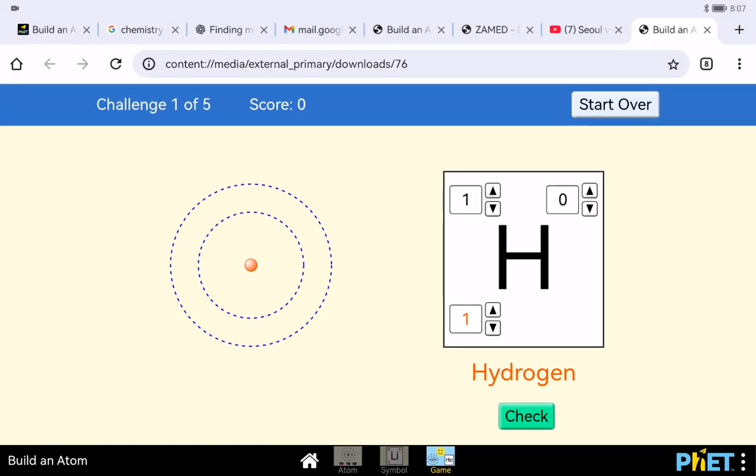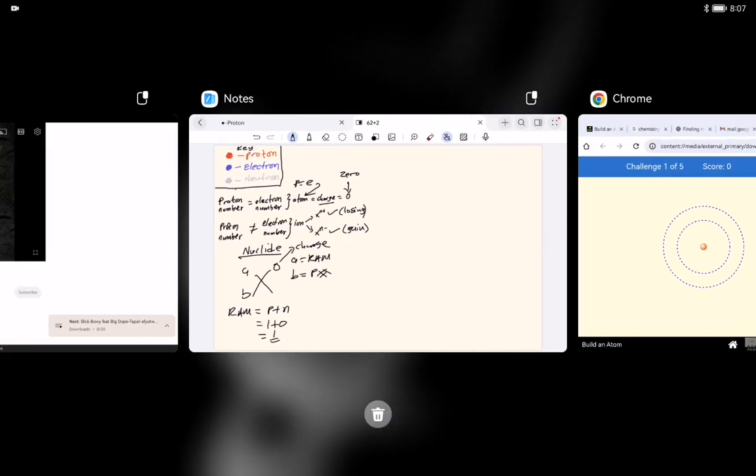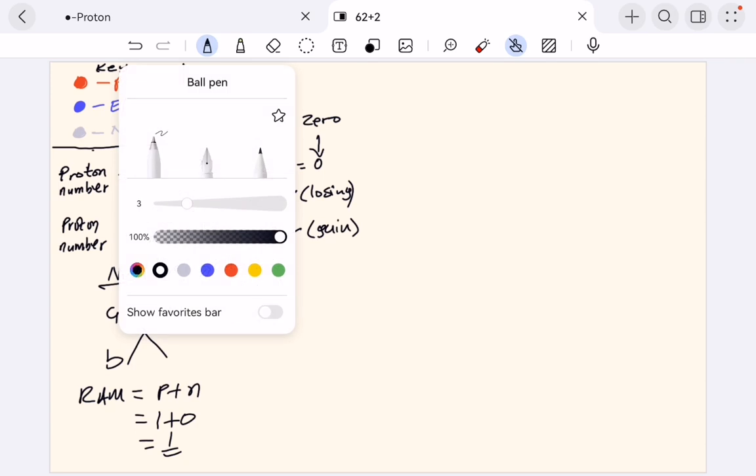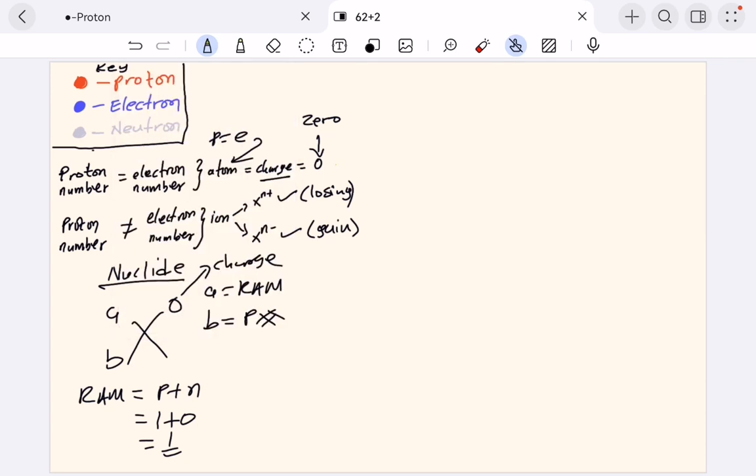Then what about the charge? So how do we know the charge? To know whether this is an atom or an ion, we are guided by the key here. We know that when P is equal to E, meaning when the proton number is equal to the electron number, it's an atom. But in this case, we notice that there is only a proton, which is red.